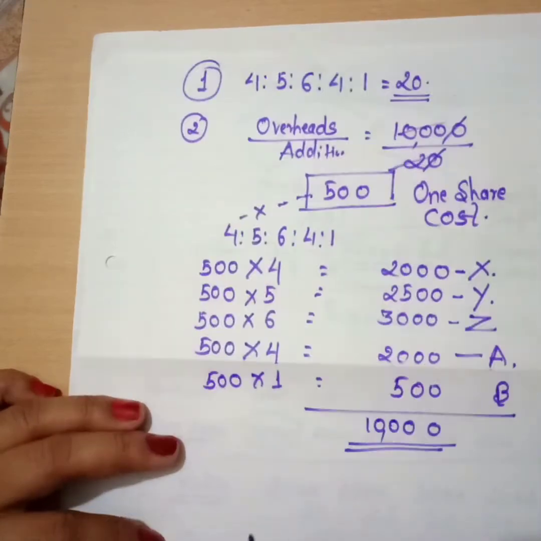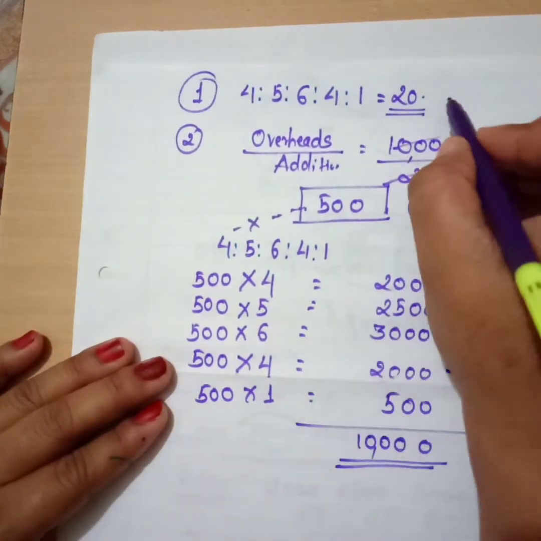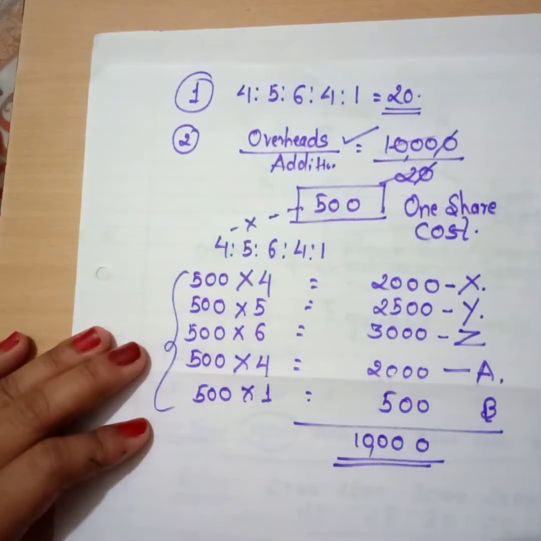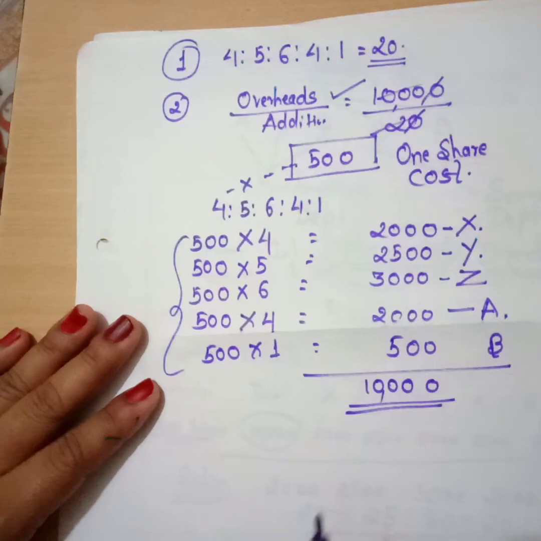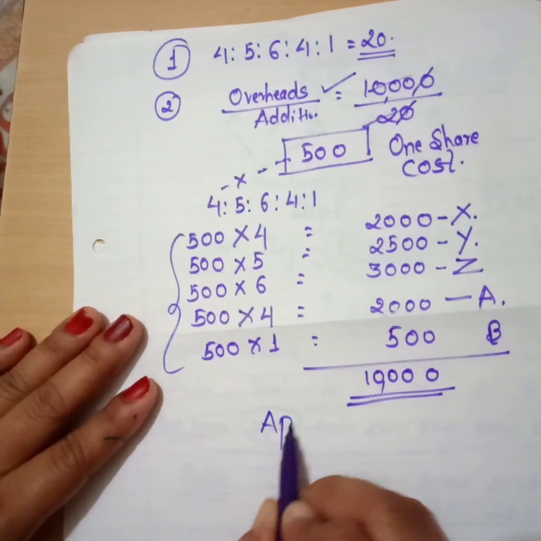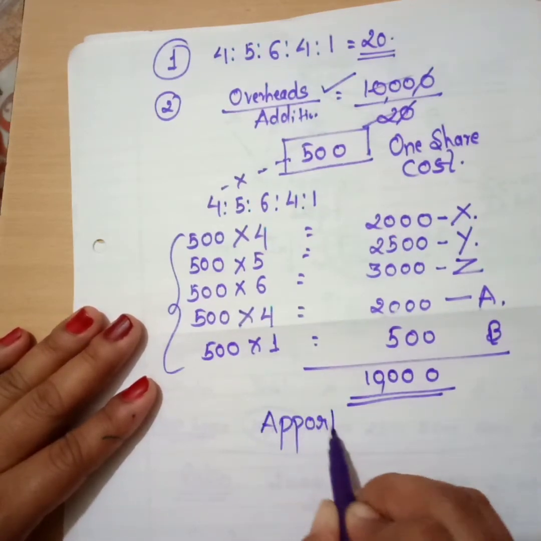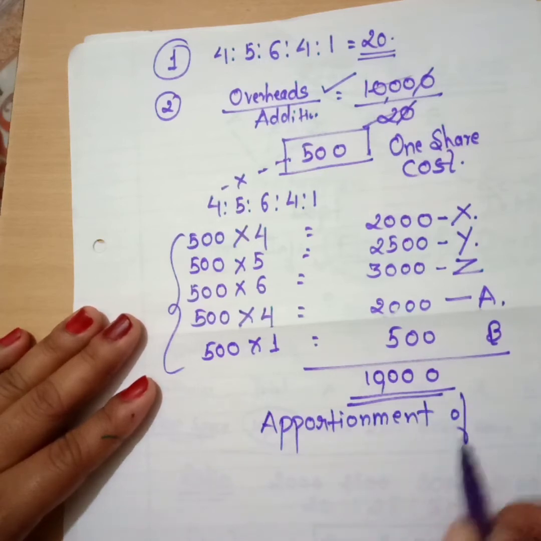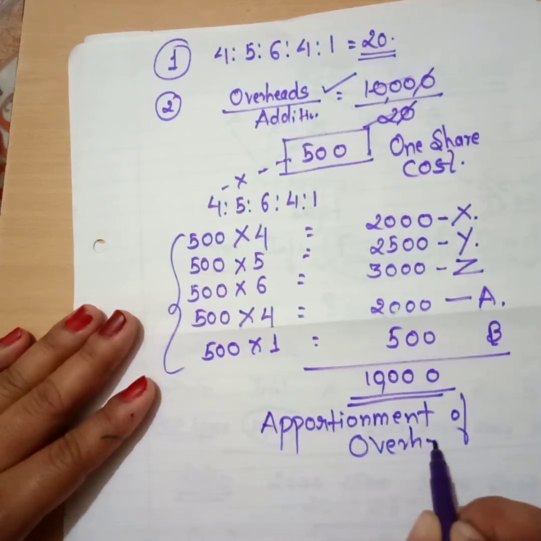So in this way, you have to distribute the overheads among all these departments, and this is known as the process of apportionment of overheads.